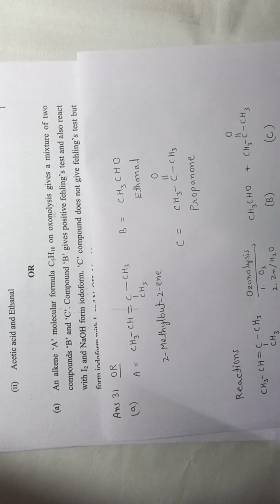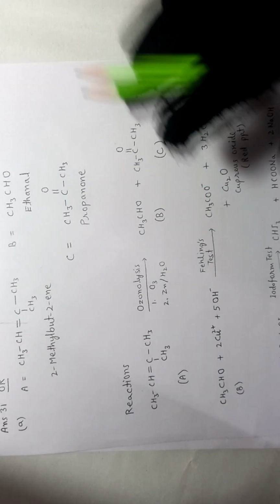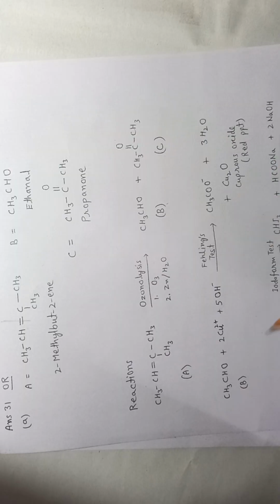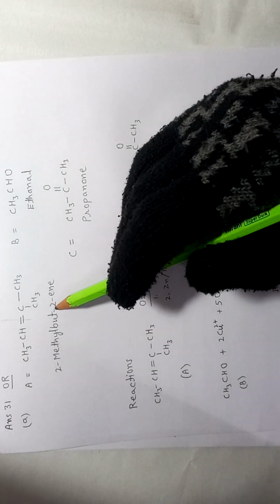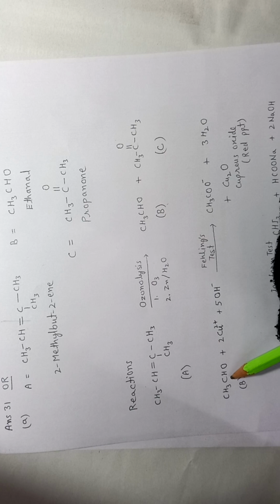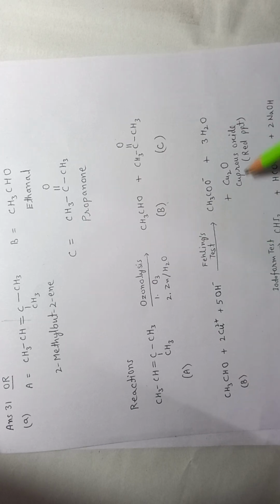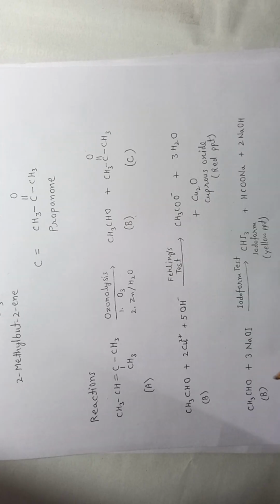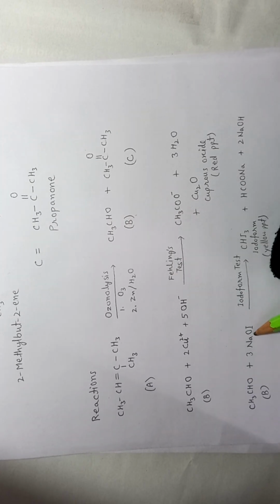So you have to write down the structures like this and write down the reactions in this way. This is ozonolysis, B and C. This is A. Once you have written the names, no need to write them again and again. This is ethanal and the Fehling test, a red precipitate of cuprous oxide, and again the iodoform test, and we get a yellow precipitate of iodoform.